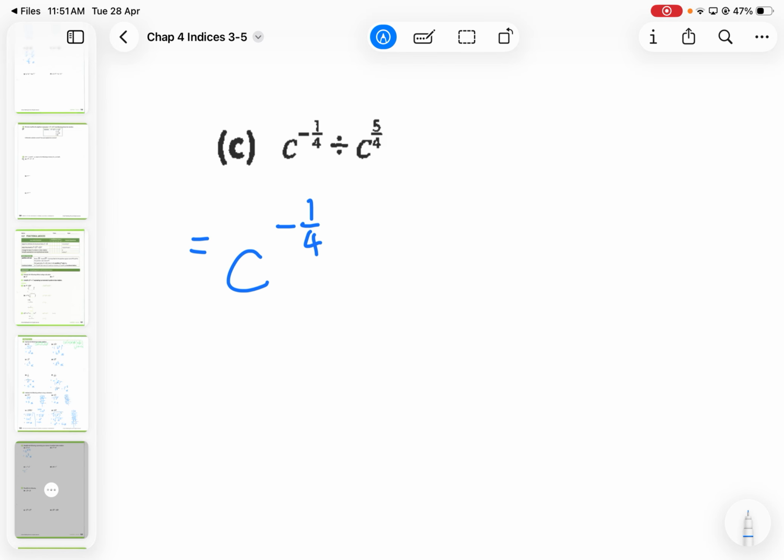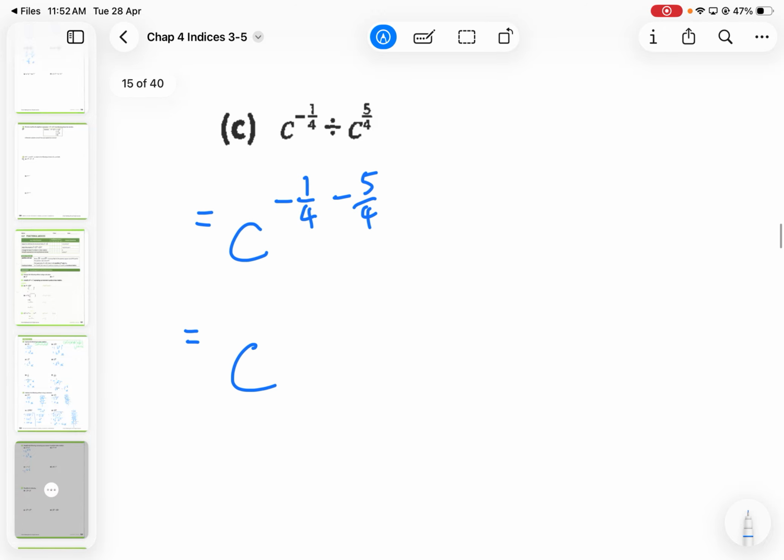Nothing has changed. What you learn is still the same. Is still correct. So same base. Base is C. Then C to the negative 1 quarter divided by C to the 5 over 4. I will take negative 1 quarter minus 5 over 4. Negative 1 quarter minus another 5 quarter become negative 6 quarter.